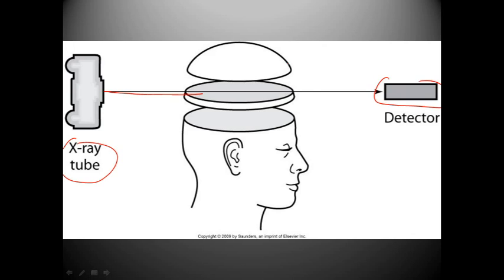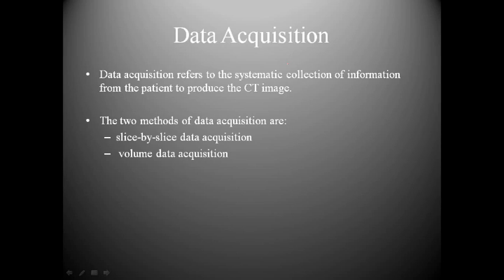It's quite amazing, actually. That brings us to one important part, data acquisition. We have to get a grasp of what data acquisition is before we can truly understand all of the things that go into it. Data acquisition refers to the systematic collection of information from the patient to produce the CT image. Basically, data acquisition is how this information is collected.